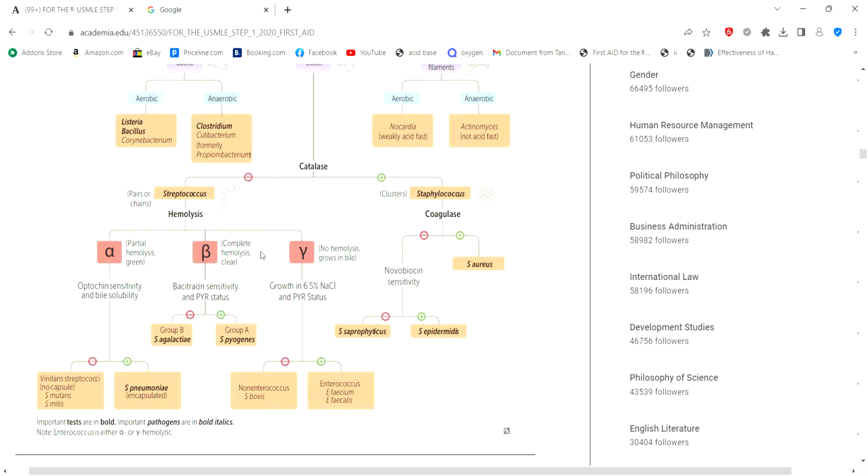Now, non-enterococcus Streptococcus bovis is resistant. So it means that non-enterococcus bovis does not grow in 6.5% NaCl, and it also is PYR negative.